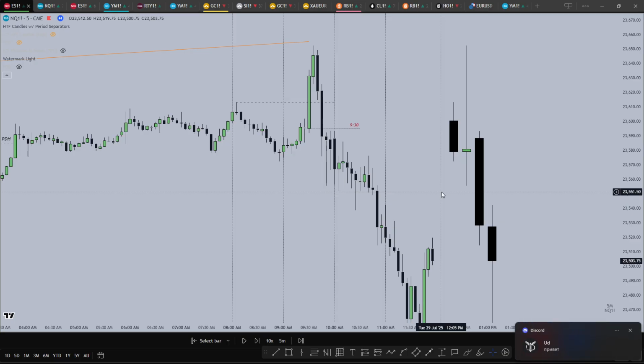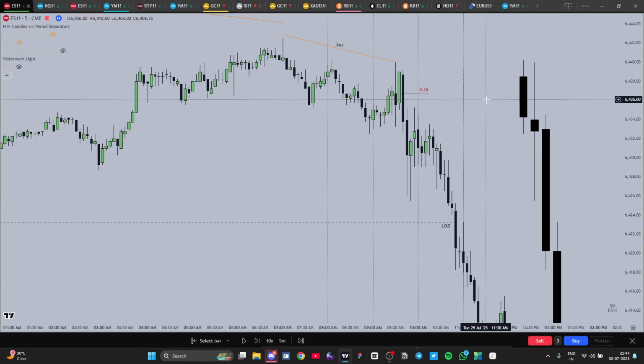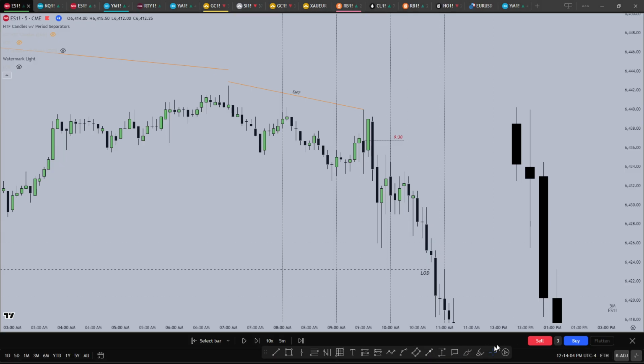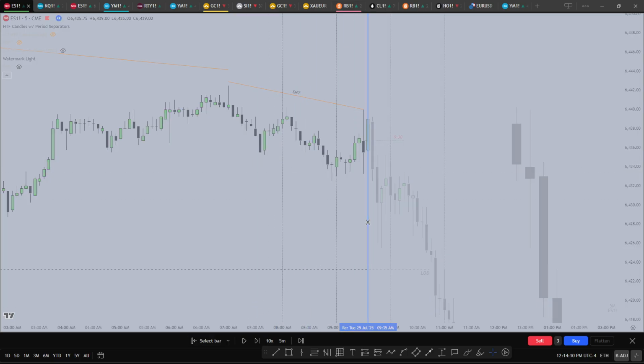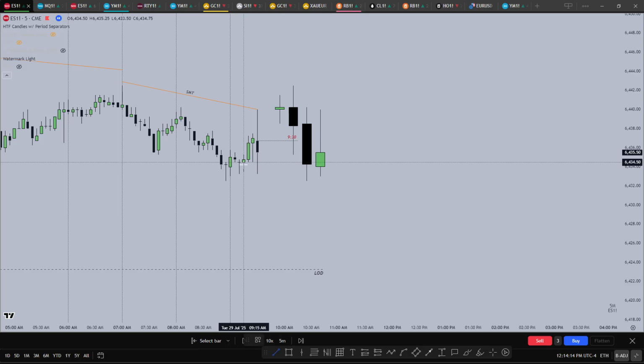So I am very much convinced to short ES at the same time, but this wasn't very clean to me around the driver. But what I was wanting to see and take is this closure.